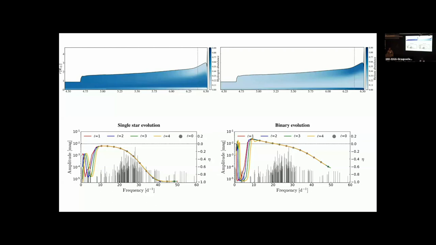So if we add additional helium to that region, then basically excitation of oscillations overcomes the damping mechanisms. And we can actually see not only p modes being excited, but also g modes, which is actually one of the first findings in delta Scuti modeling.